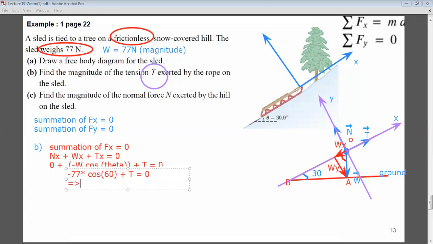This gives me tension equal 77 cosine 60, which is equal to 38.5 Newton.